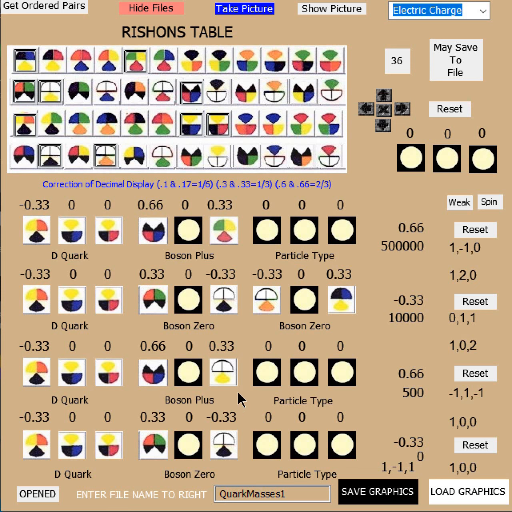Now this boson plus will not provide us a factor in its coupling with the Higgs field, but will provide an electromagnetic factor. The electromagnetic factor will be 5 times the units given by the D quark. So when we click here, we'll see the mass on the C quark will be 2,500 electron units.